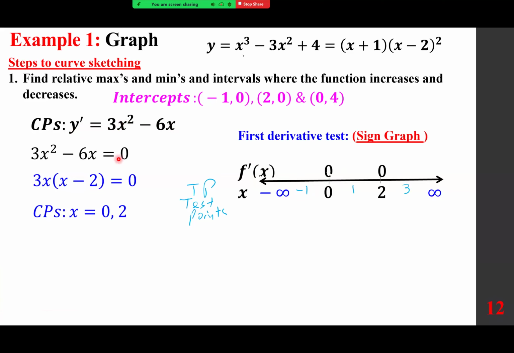Now, one thing I want to make a point of: this factor has exponent 1, this has exponent 1. So as long as you get one of them, the rest of them alternate. For example, if I put 1 in here, I get 3 minus 6, which makes this negative. If you put it here, you get positive times negative, which is negative. And they will alternate, or you can just put negative 1.